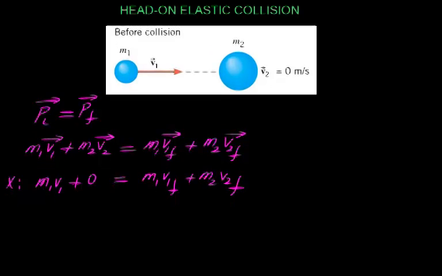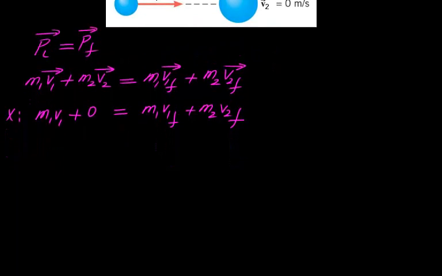In order to make the solution easier for me later on, I am going to bring the like terms together in this equation. In other words, move m1 v1 final to the left-hand side of the equation. The result is m1 v1 minus m1 v1 final equals m2 v2 final.